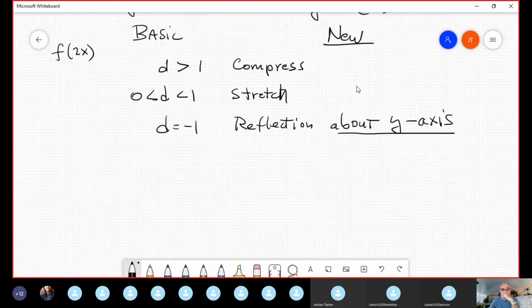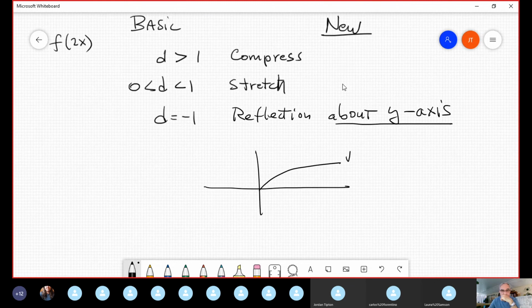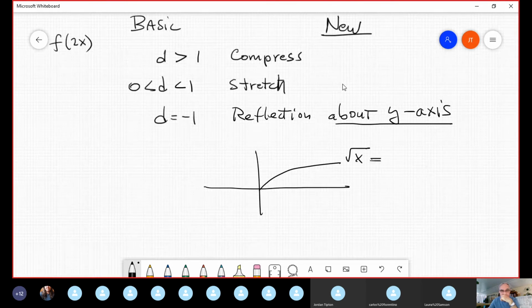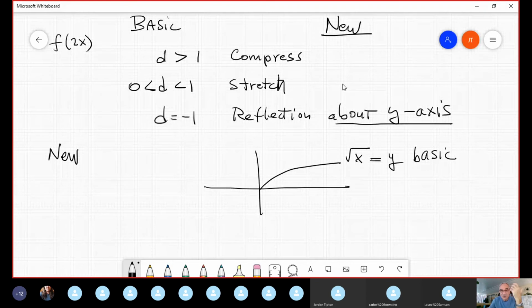Suppose the parabola, it is impossible to see the effect. However, suppose the square root function like that. This is the basic square root. I want to see the graph of the new one when you introduce -1 inside the parentheses, which is synonymous to saying inside the square root.